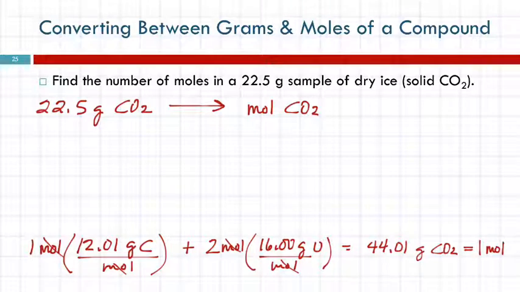So it's the same thing here. I'm taking the number under the element symbol in the periodic table, multiplying it by how many of those are in the formula, and I'm just slapping the unit gram on it. That's the mass of 1 mole. So when I do this conversion, I've got 22.5 grams of CO2.